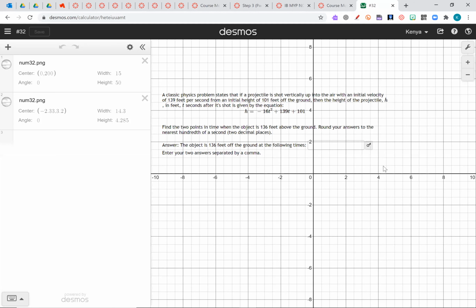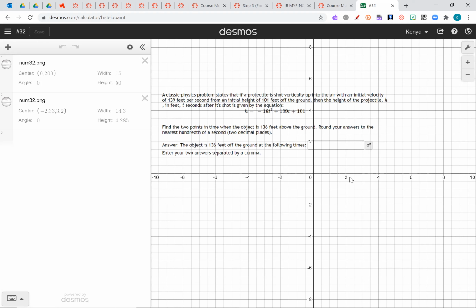So now we're going to take a look at situations that can be modeled with a quadratic linear system. A classic physics problem states that if a projectile is shot vertically up into the air with an initial velocity of 139 feet per second from an initial height of 101 feet off the ground, then the height of the projectile, h in feet, t seconds after it is shot, is given by the equation h equals negative 16t squared plus 139t plus 101.